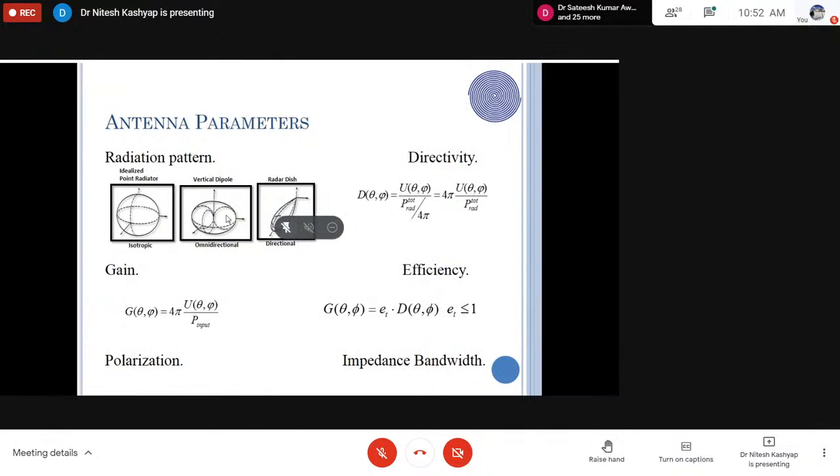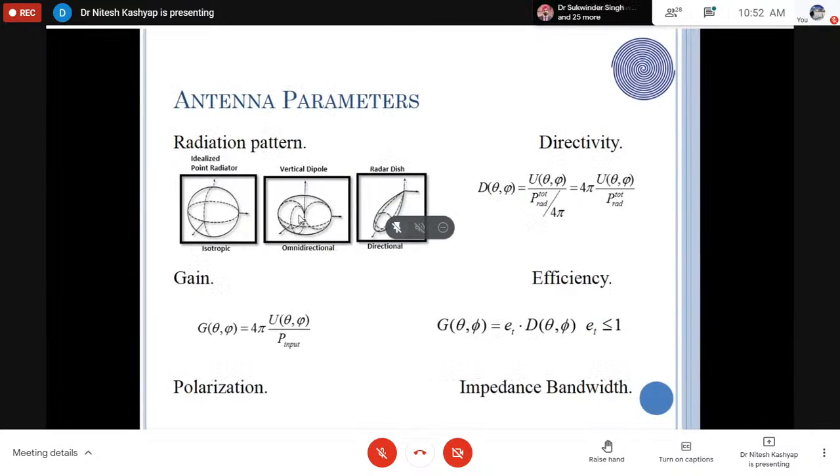It can be the XY plane or any plane. And the third one is directional antenna. It radiates in a single direction. Other than that, we have bidirectional antenna, which can radiate in two directions.